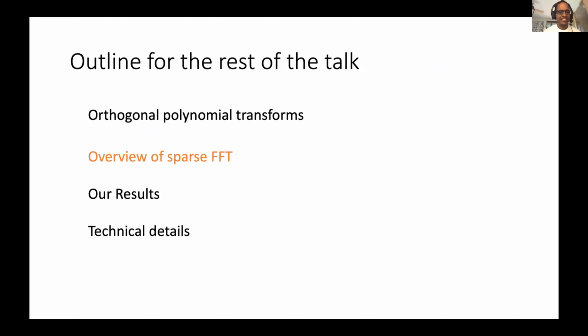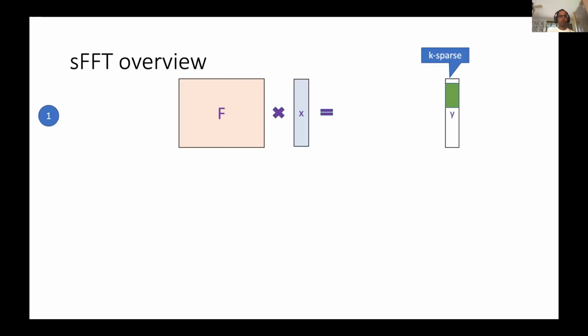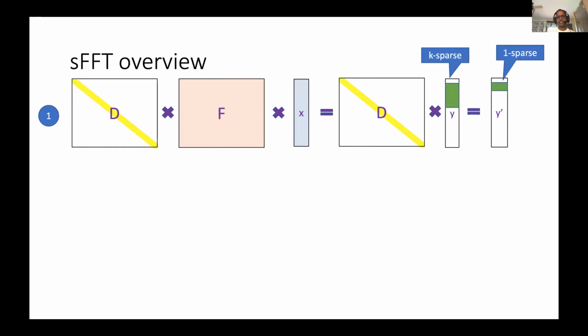Okay, thanks. So let's do an overview of how these randomized sparse recovery algorithms for the Fourier transform work. The first idea is I want to multiply the left-hand side with some diagonal matrix D. One property that I need from this diagonal matrix is that if I multiply it with this k-sparse vector, I get back a one-sparse vector.